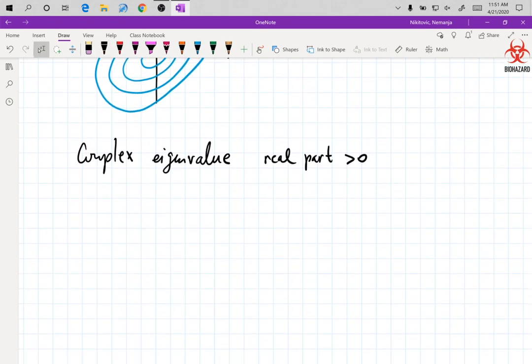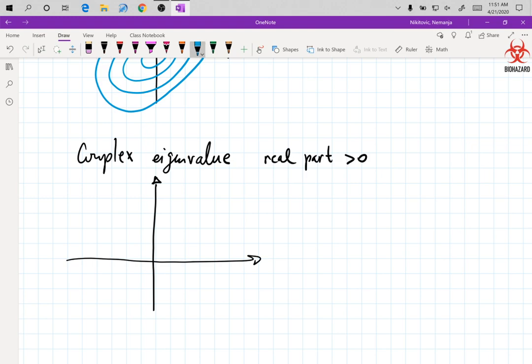And if that is the case, we know that the complex part is going to make it go in an elliptical motion, but the positive part will make it go away from the center, which creates a spiral.